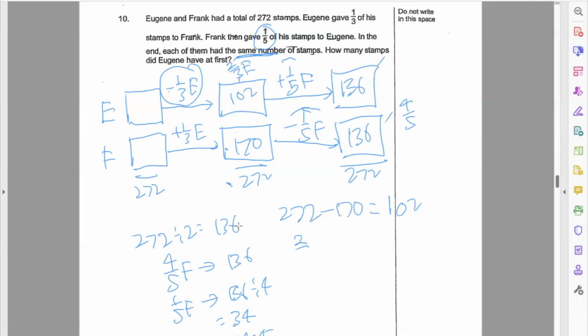So 2/3 of Eugene's stamps must be equal to 102. 1/3 of Eugene's stamps will be equal to 102 divided by 2, which is 51. Now the question is, how many stamps did Eugene have at first? Eugene at first is 3 thirds, so that will give you 51 times 3, and the answer is 153.